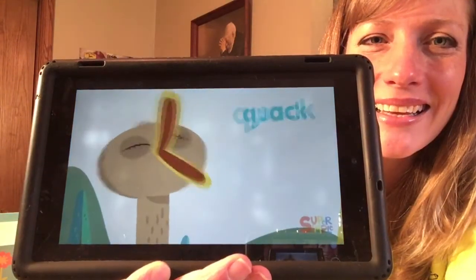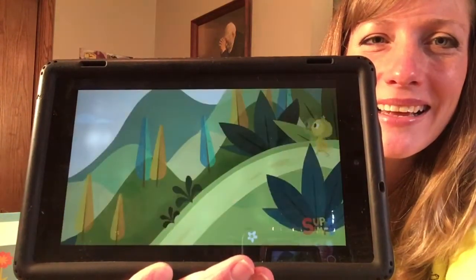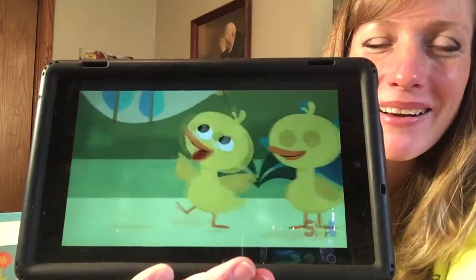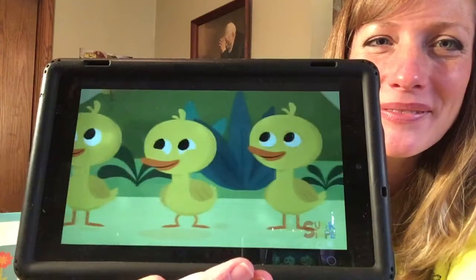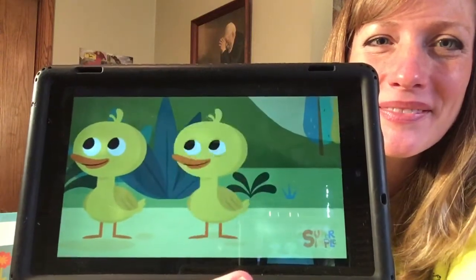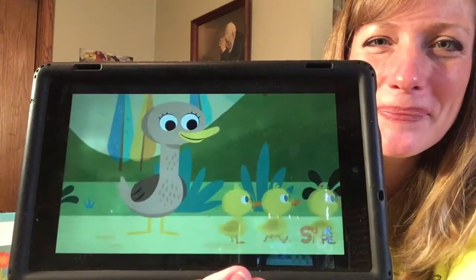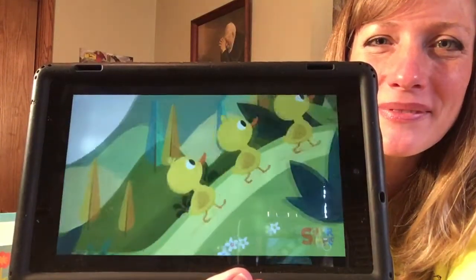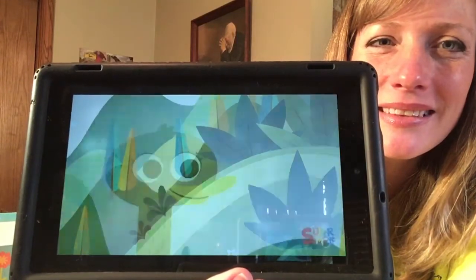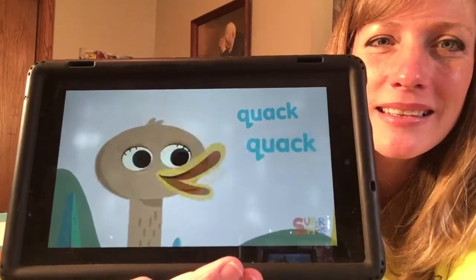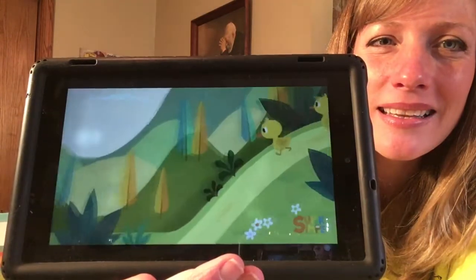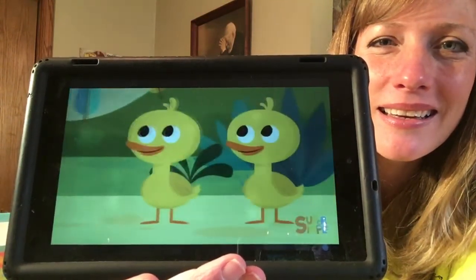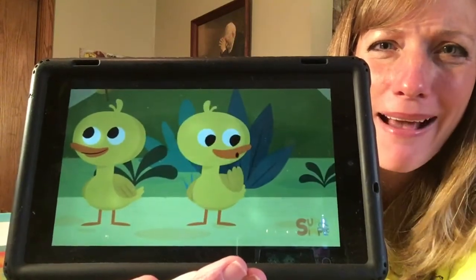Mother duck said quack, quack, quack, quack, but only 3 little ducks came back. 3 little ducks went out one day, over the hill and far away. Mother duck said quack, quack, quack, quack, but only 2 little ducks came back.